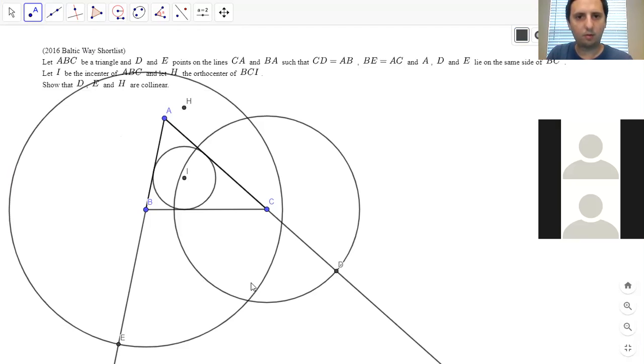Well, that doesn't look right. Oh, maybe it should have, wait. I is the in-center, H is the orthocenter.